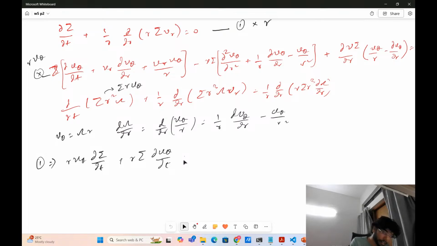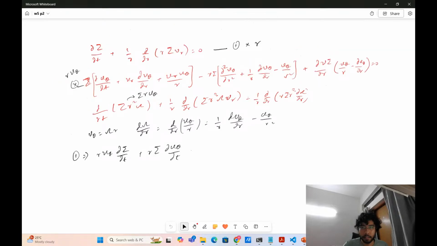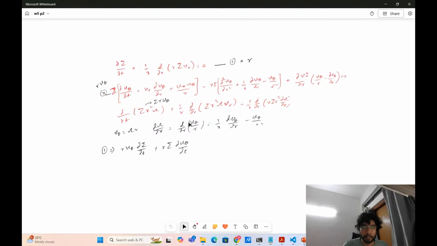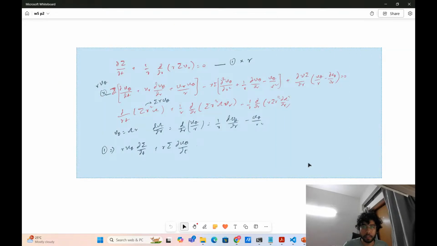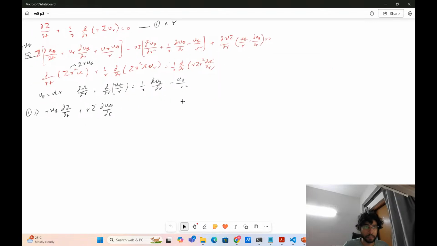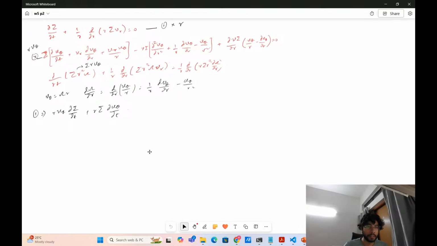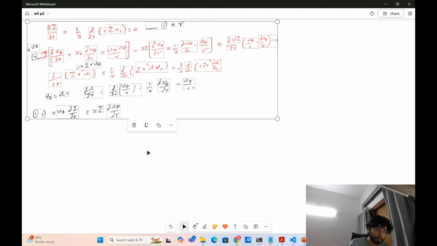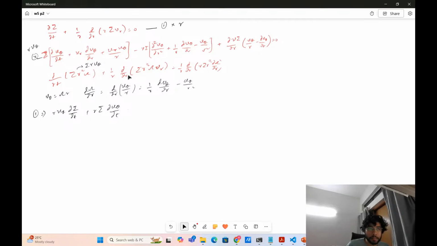Now let's look at the second term. We're going to need some more space. So the second term is 1 by r.